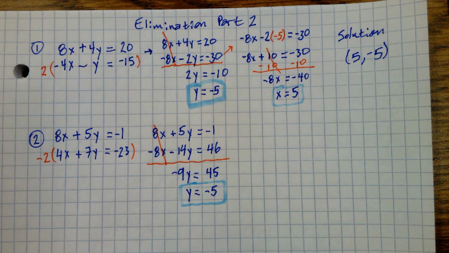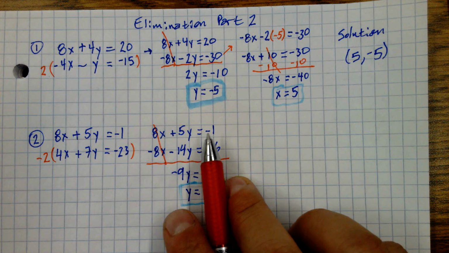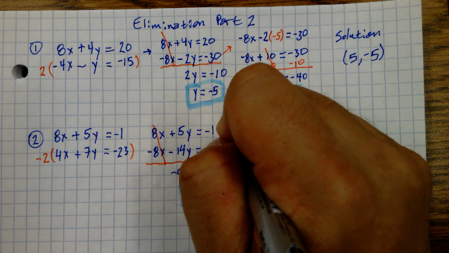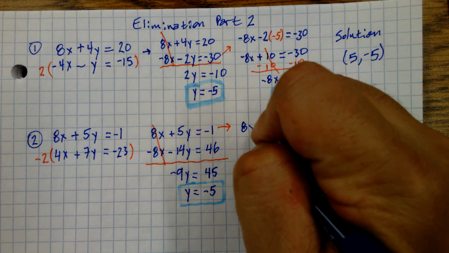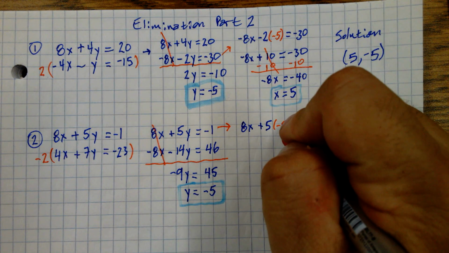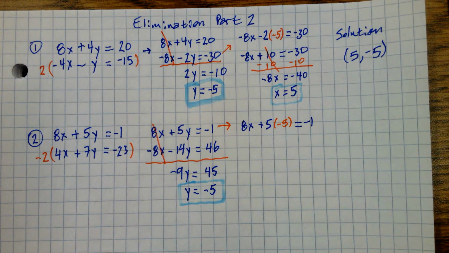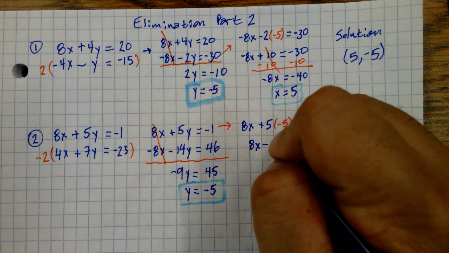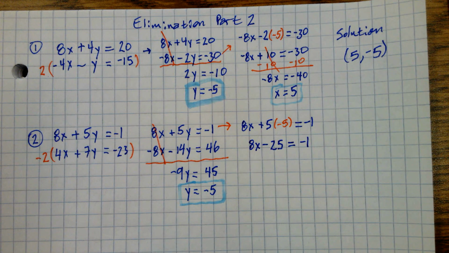All right. Pick an equation, any equation. But this one looks easy, right? We got an 8 and a 5 and -1. You want to try that one? I think so too. Let's take this one, replace y with -5. So it's going to be 8x plus 5 times -5 equals -1. Okay? So let's see. That's going to be -25. So 8x minus 25 equals -1. Okay?